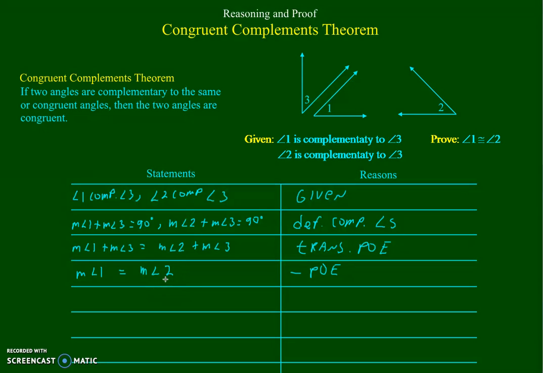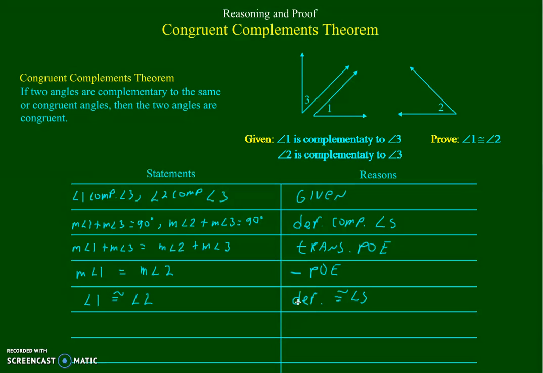And the converse, if two angles are congruent, then they have the same measure. So I can write my next statement because of the definition of congruent angles. And there's our proof.